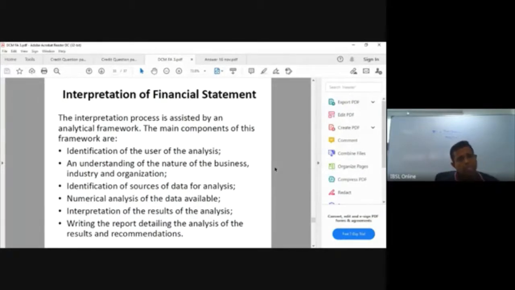Therefore, giving numerical data plus the interpretation is very important. Then writing the report detailing the analysis of the results and recommendation, in point form. You have to write the report with the recommendation, whether you are recommending or not, and we have to say it strongly in the report.